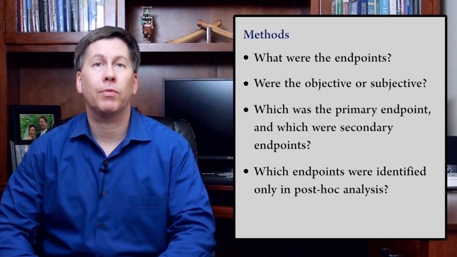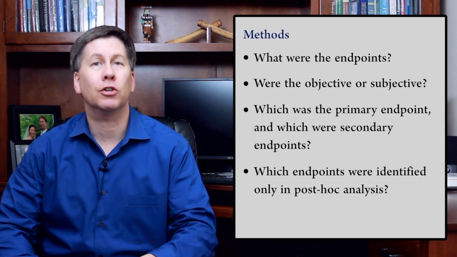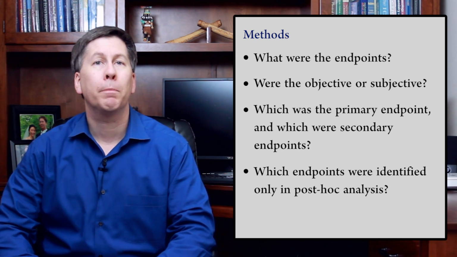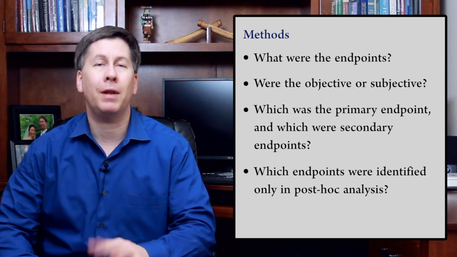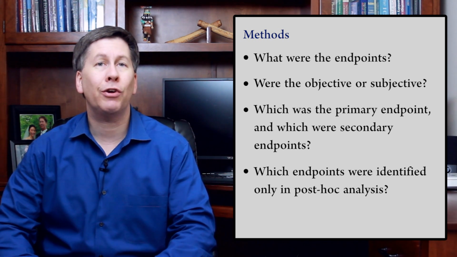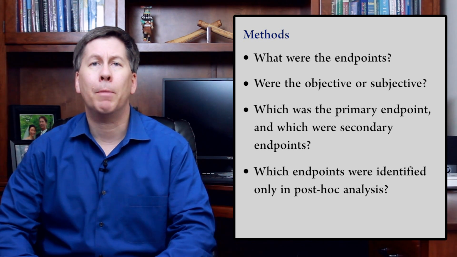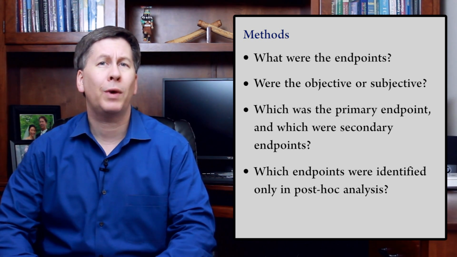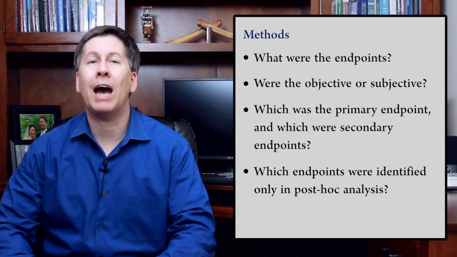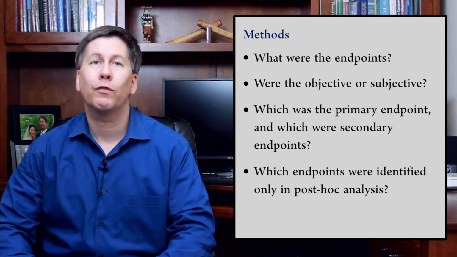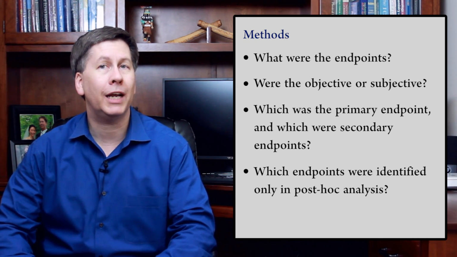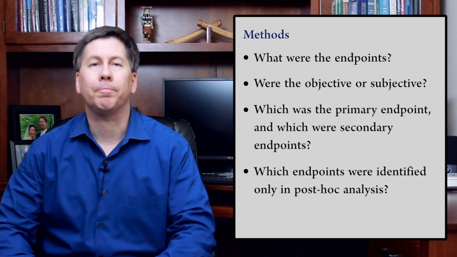Secondary endpoints are other things that the investigators measured and looked at, but for which the study may or may not have been adequately powered. Secondary endpoints can be predetermined, but they can also be identified in post hoc analysis, which is when investigators look at the data after the study has been completed for any statistically significant associations that were not expected.